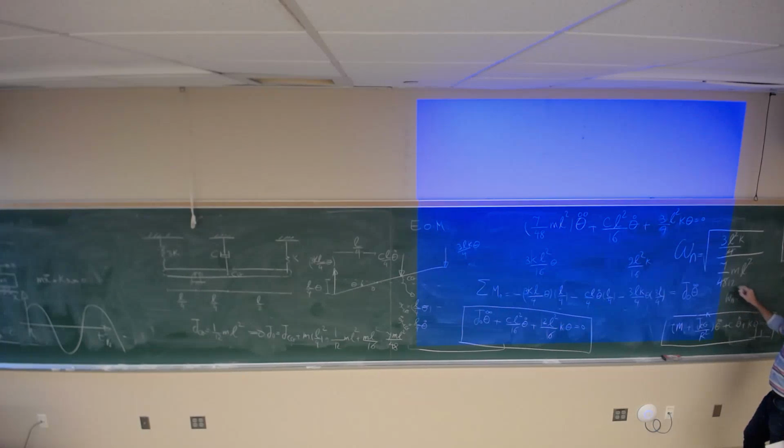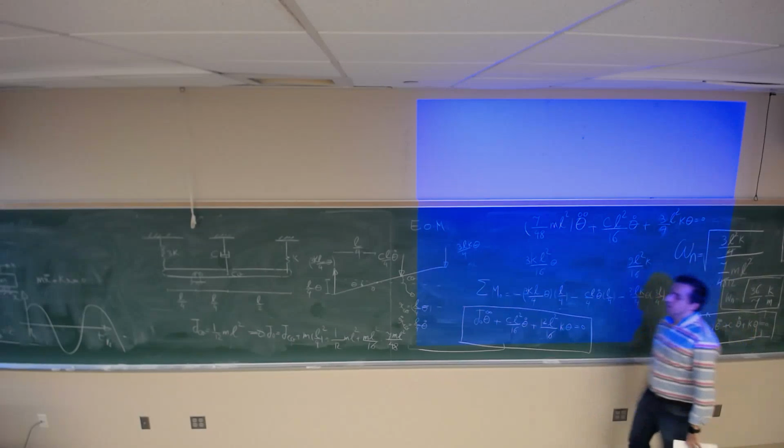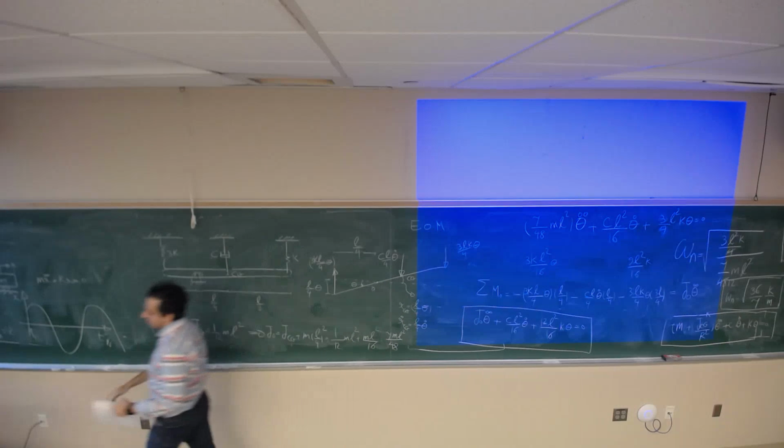Omega n would be 12 times 3, which is 36, so the square root of 36 over 7 K over L. As you see, it doesn't matter what the length of the beam is. The angular frequency is not dependent on the length of the beam.